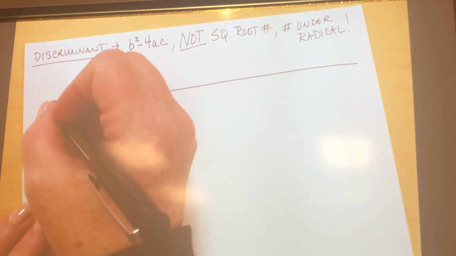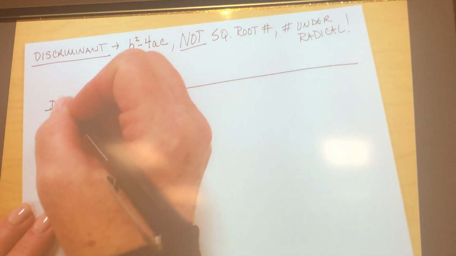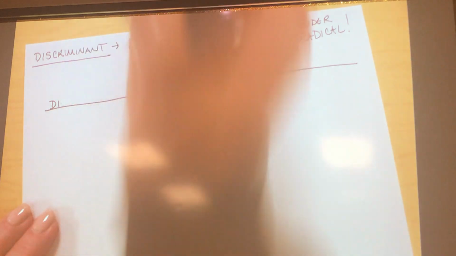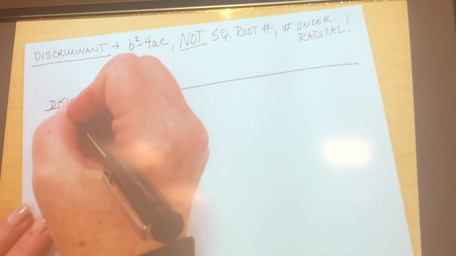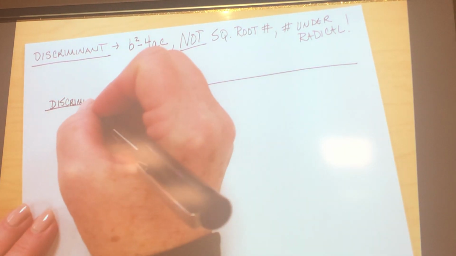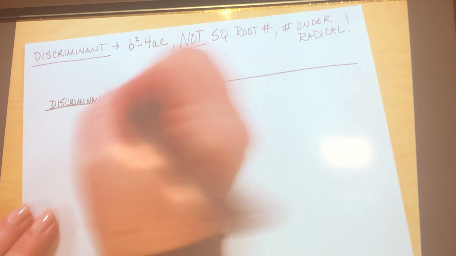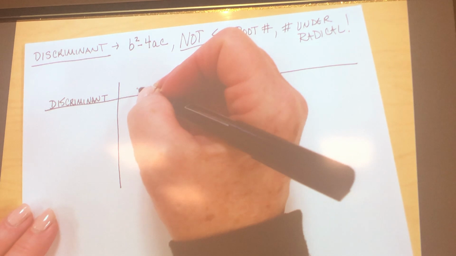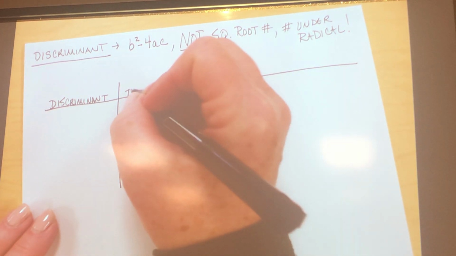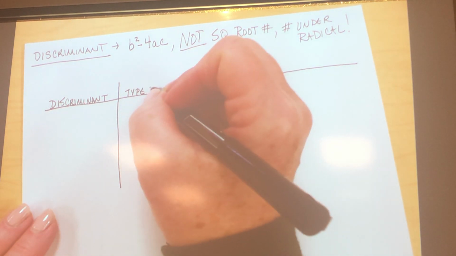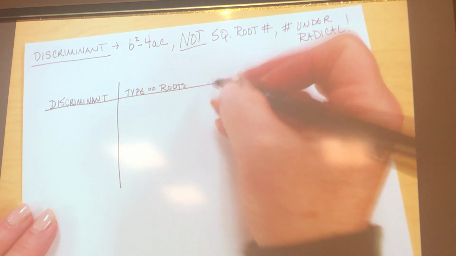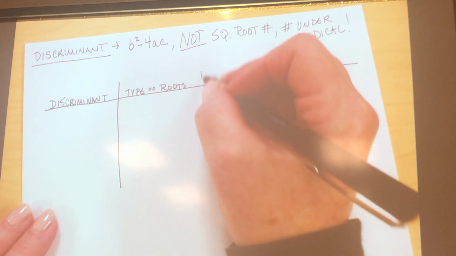Okay? So first in our chart, we're going to do the discriminant. I'm going to tell you what kind of number the discriminant is. The next thing we're going to talk about is what type of roots or answers, solutions, whatever you want to call them, will I have.